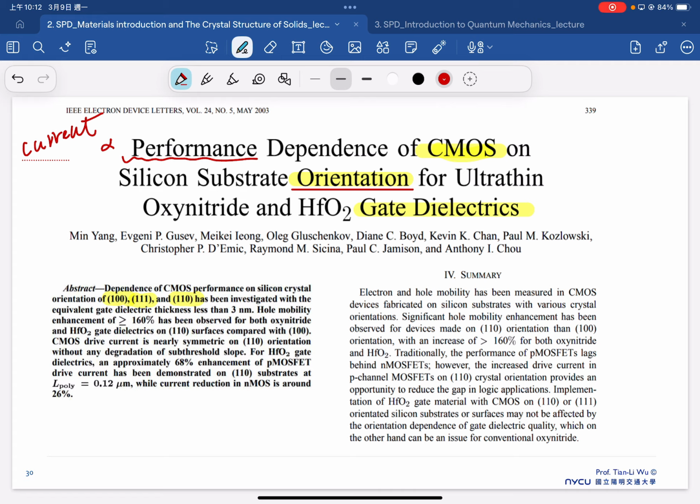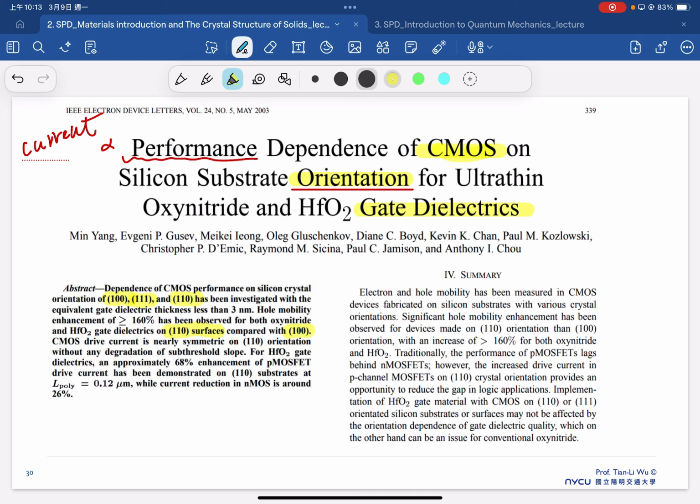So let's go through the abstract together. This is a paper that considers 3 different orientations with a dielectric thinner than 3 nanometers. First, in this paper they mention a hole mobility enhancement of more than 160% for these 2 dielectrics, but the most important is on the 110 surface substrate compared to the 100.